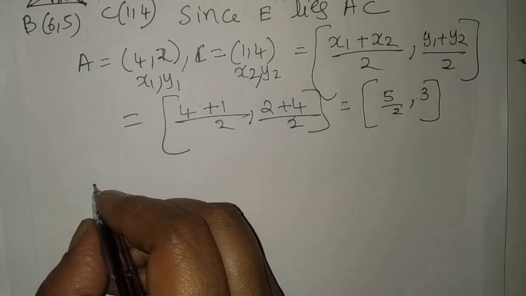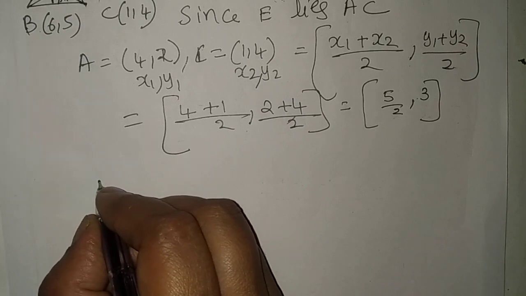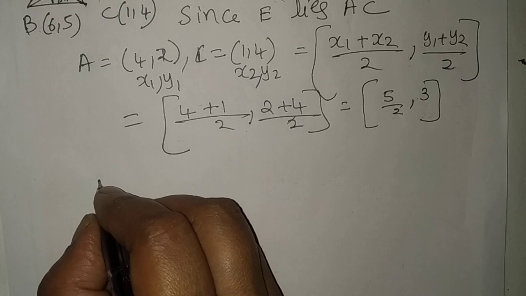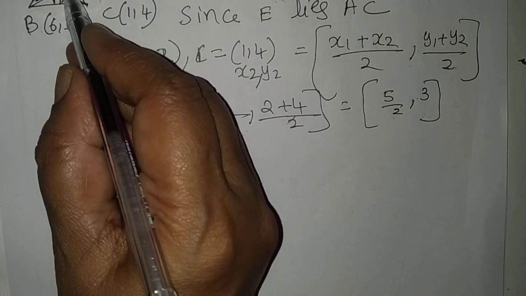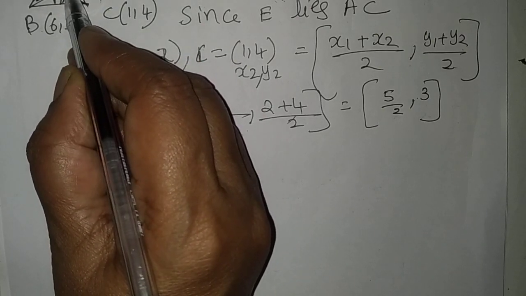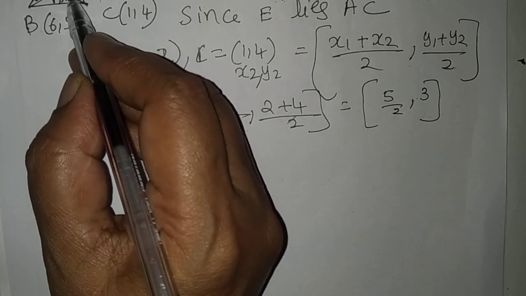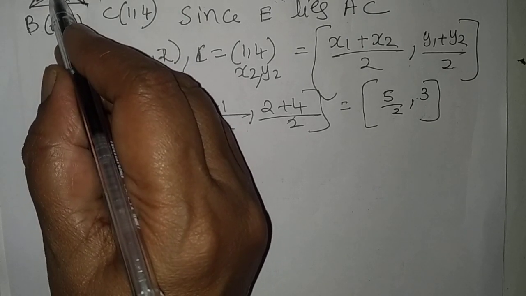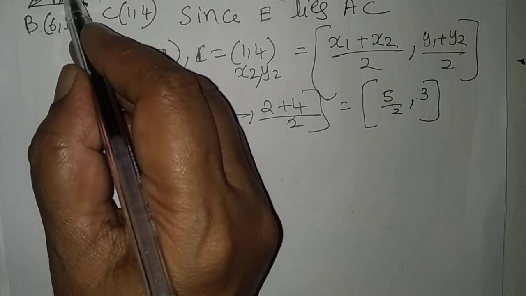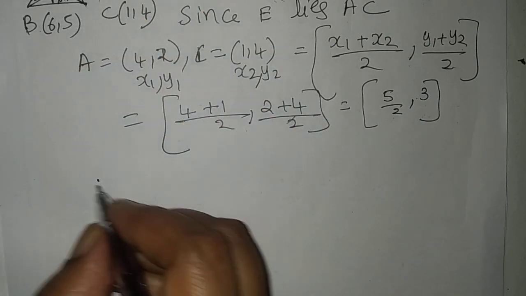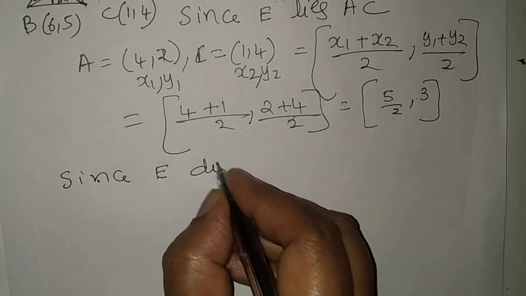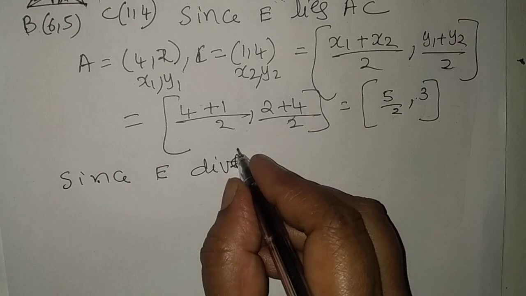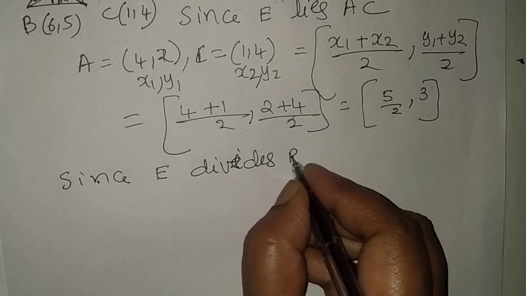Now, Q is present here as Q divides BE. So P is here, Q divides BE.